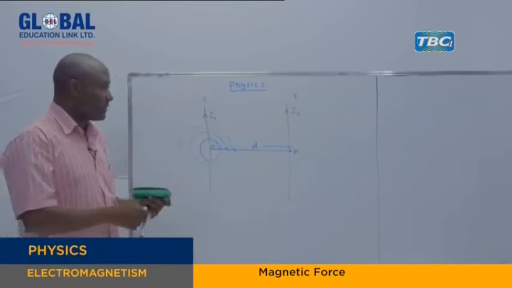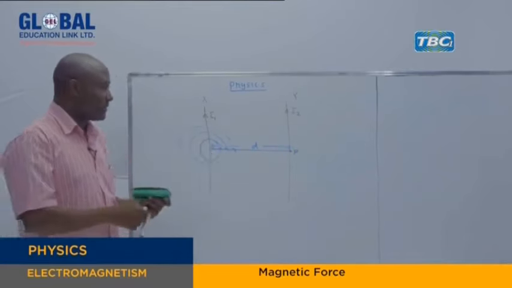So the magnetic field, we know by the definition we did in the previous discussion, is given by mu I1 over 2 pi d. This is the formula that we did in the previous discussion.